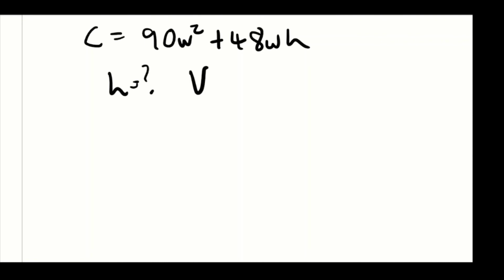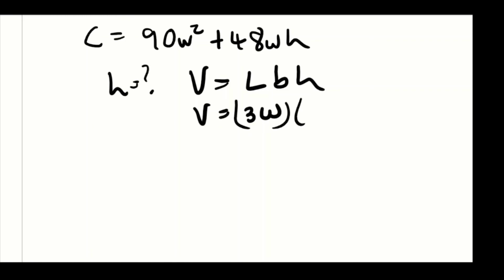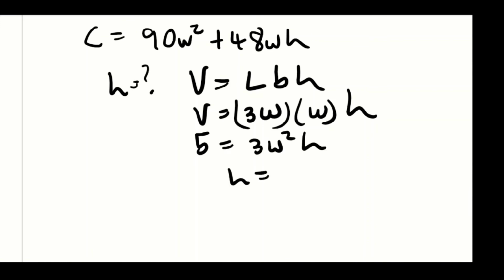To remove it, volume is equal to length, breadth, height. We were told that the length is actually equal to 3 times the breadth, or the width rather, and the breadth is equal to the width, multiplied by H. So this is going to be 5 equals 3W squared H, and then H is equal to 5 over 3W squared. So whenever we see H, we put 5 over 3W squared.